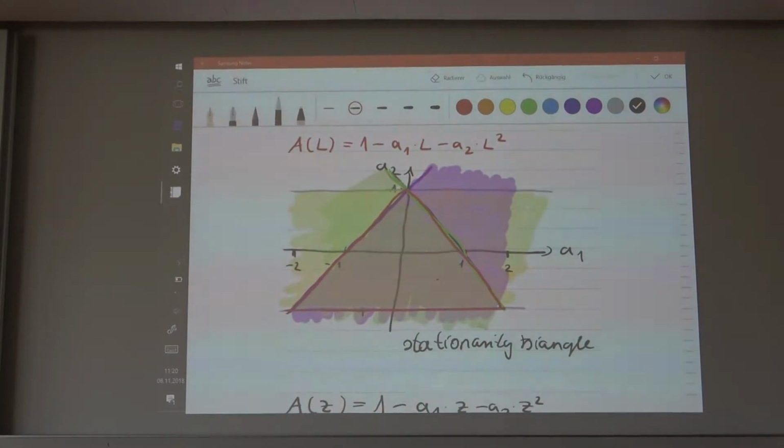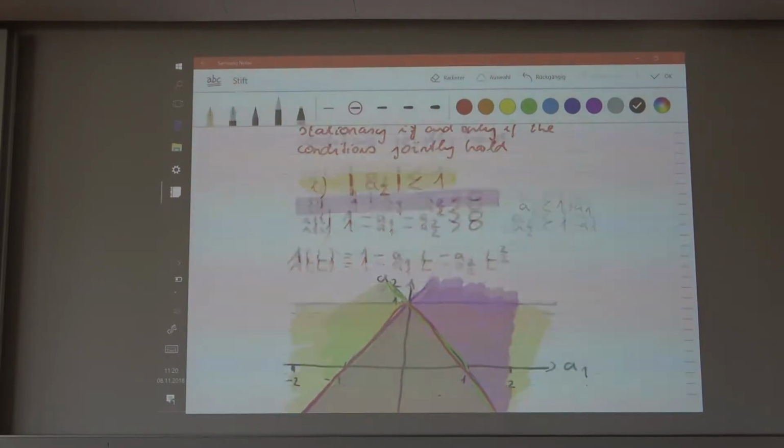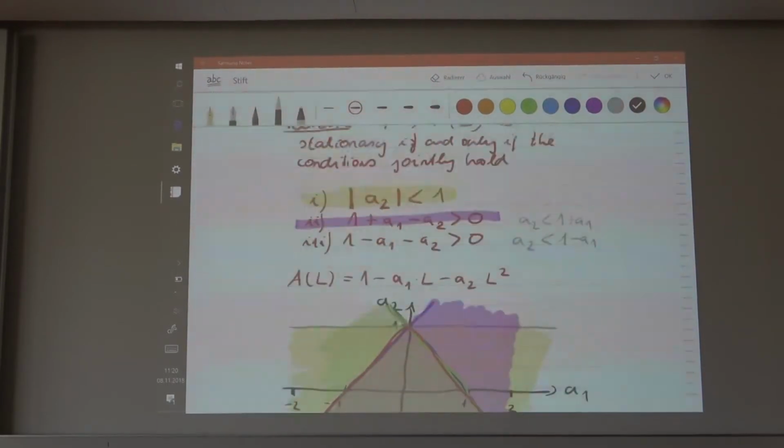So let's say I'm giving you a process and you have to show that it is stationary. First, you calculate the roots of the lag polynomial and examine whether or not the absolute values are greater than 1. If they are, then the process is stationary, period. The second option is you set up the conditions for the stationary triangle and see whether all three are jointly satisfied.